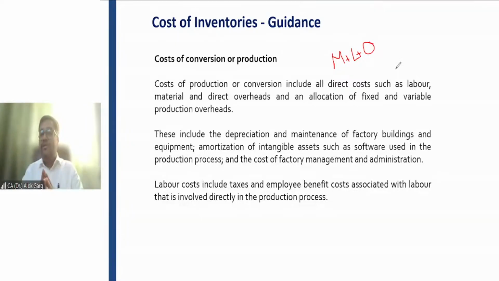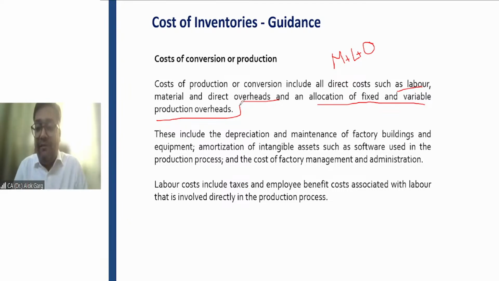So cost of production or conversion include all direct costs like labor, material, and direct overhead, and an allocation of fixed and variable production overhead as well. For example, the factory in which you are producing goods, and every month you are paying a rent of that factory.